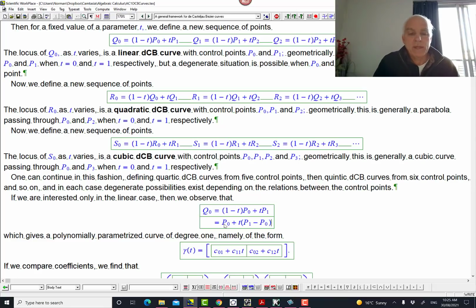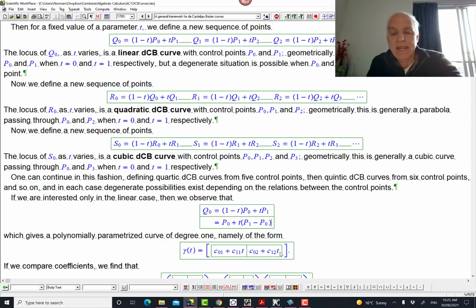So we necessarily get a polynomially parameterized curve, because when you think about substituting the coordinates of these points, then you're going to get an expression like this. So this Q0 is going to have an expression in t which is linear in t, because the t is only occurring to degree 1 here. So there's going to be a linear expression in the first coordinate and another linear expression in the second coordinate.